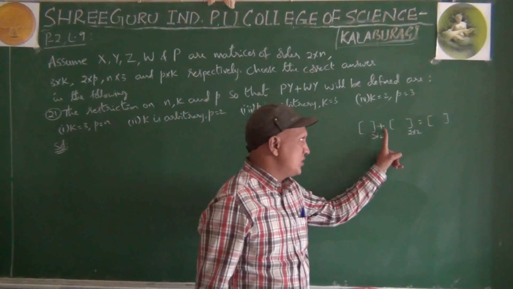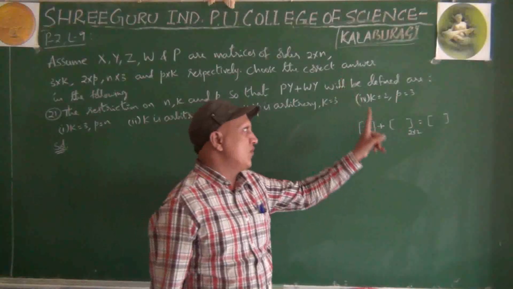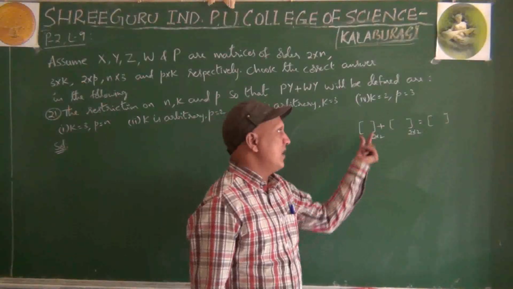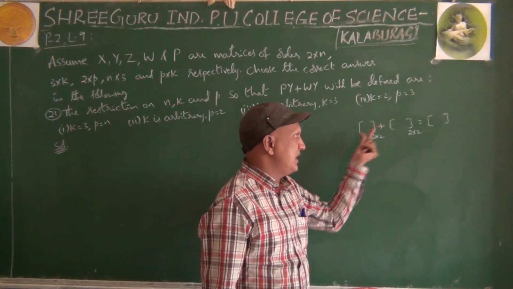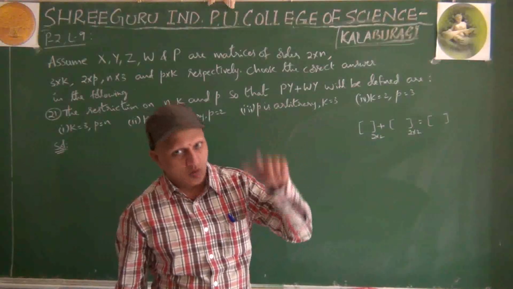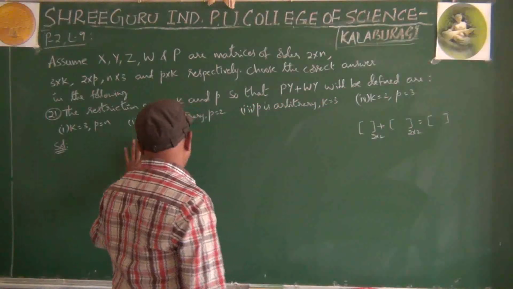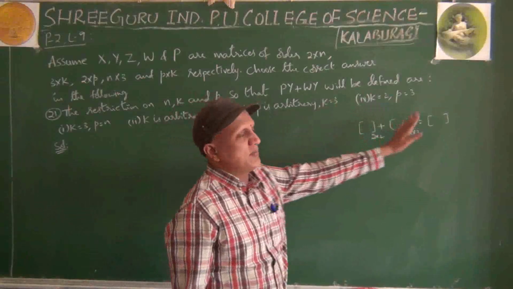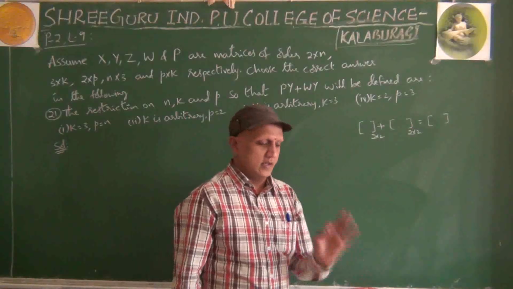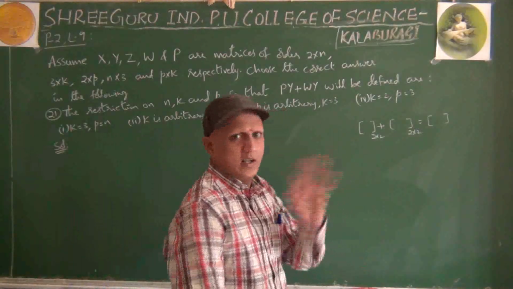If you want to subtract two matrices, then order should be the same for both the matrices. That you already know. Once again I am reminding now. At the present situation, this concept is important to understand. Listen very carefully, then you can understand this one. Right? Not difficult.